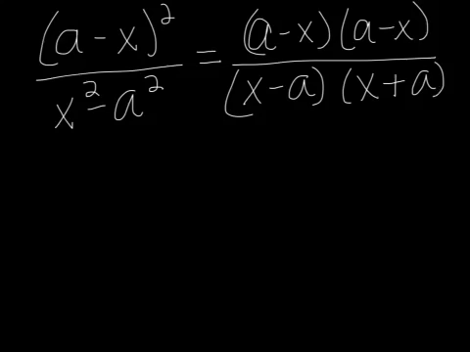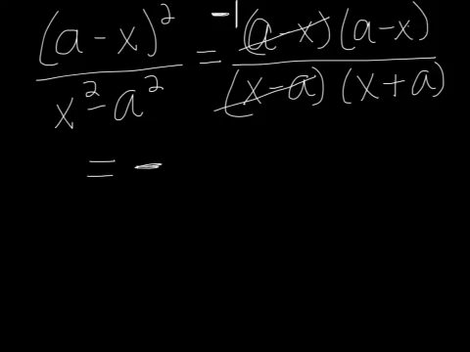But nothing looks identical. But I notice here's a negative x, down here's a positive x. Here's a positive a, down here's a negative a. So if all the signs are opposite, I can make that a negative 1. But all of the signs have to be opposite. Like right here, they're not, because you have a negative x on top and a positive x on bottom. They are opposite, but your a's are still alike.